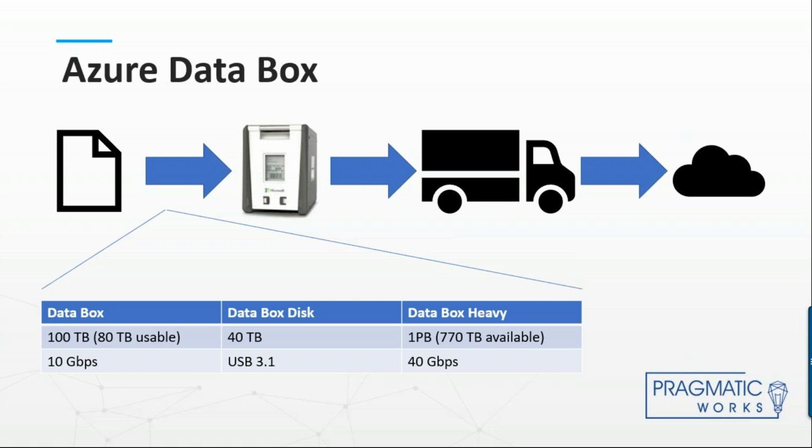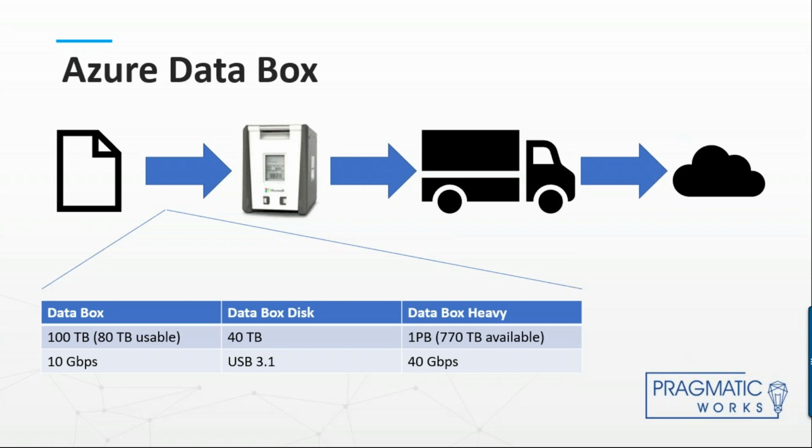You then ship that box, this external drive, and it's physically delivered to an Azure data center, where it's brought into the data center, and the files on your data box become available through a storage account. And so the file transfer is literally a delivery truck. But in many cases, that can be faster than trying to pump data through a network connection.